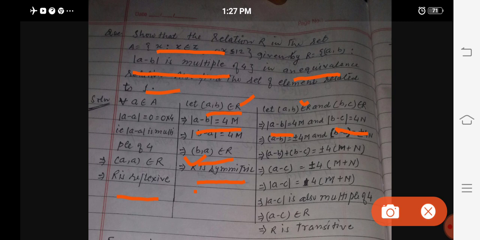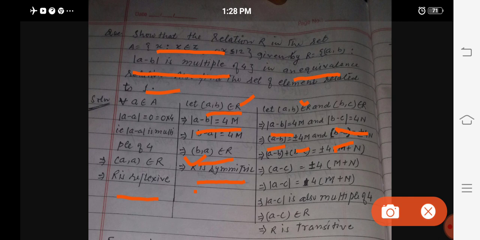I think you know it very well that if mod of x equals y, then x equals plus or minus y. So mod of a minus b equals 4m means a minus b equals plus or minus 4m, and b minus c equals plus or minus 4n.